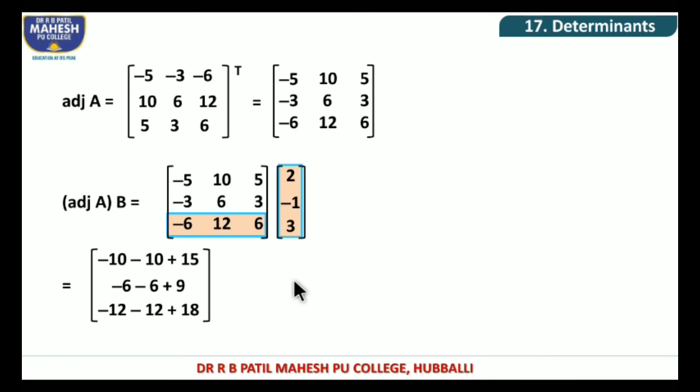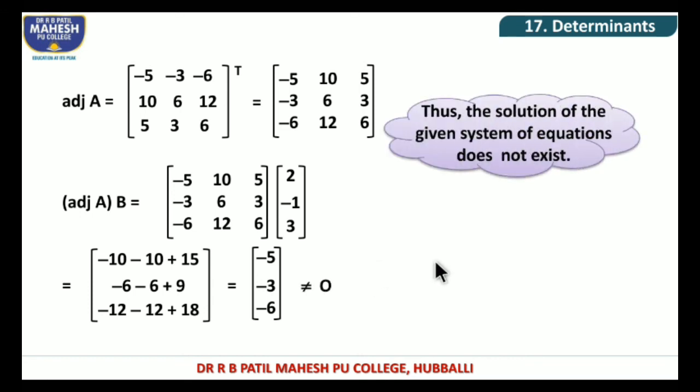By simplifying we get minus 5, minus 3 and minus 6. Therefore, here we got the column matrix in which all the elements are other than 0, so it is not equal to 0 matrix. Thus, the solution of this given equation does not exist.